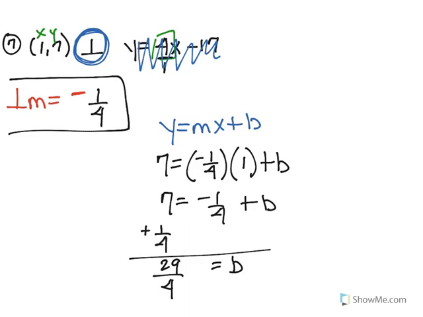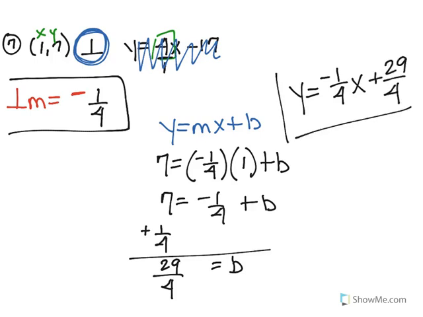Now this one, they want your answer in slope-intercept form. Okay? So we got y equals negative 1/4 x plus 29 over what? 4. And you know your test is multiple choice.